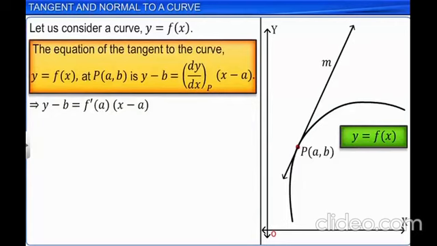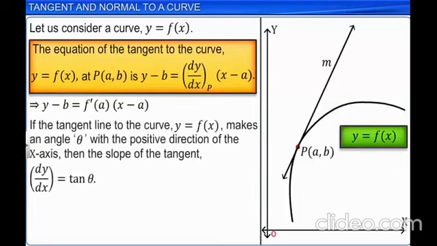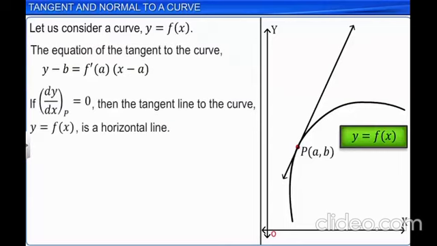If the tangent to the curve y = f(x) makes an angle theta with the positive direction of the x-axis, then the slope of the tangent dy/dx is equal to tan theta. We know that the slope of a horizontal line is 0.